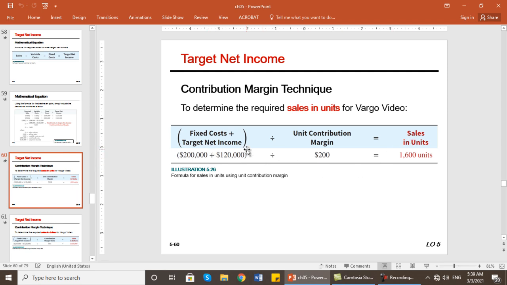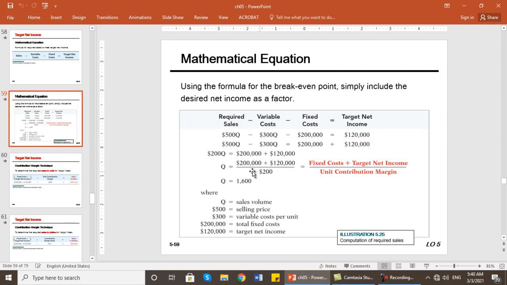Sales in units. To achieve target net income, we can determine the required sales in units this way: fixed cost plus target net income divided by unit contribution margin 200 equals 1,600 units, the same as you see here.